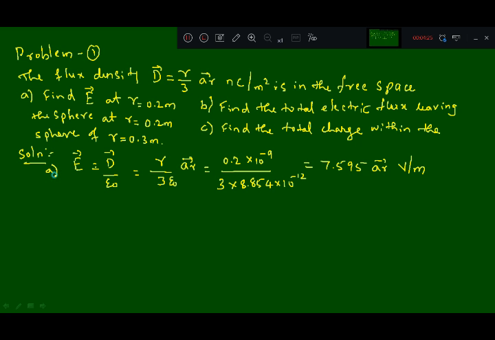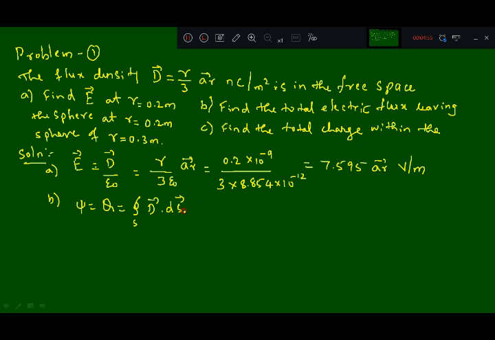Then for B, we need to find the total electric flux leaving the sphere at r equal to 0.2. For the second solution, the total flux is nothing but the total charge, which is the surface integral of D dot ds.